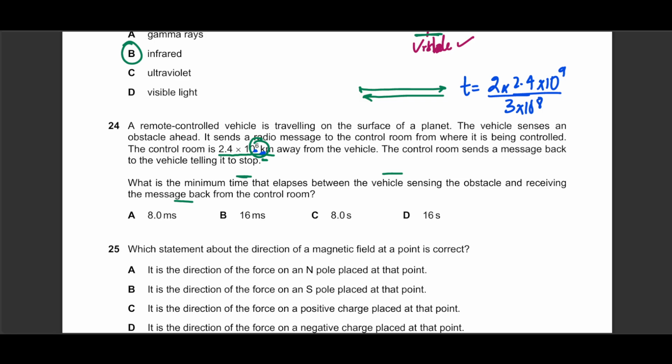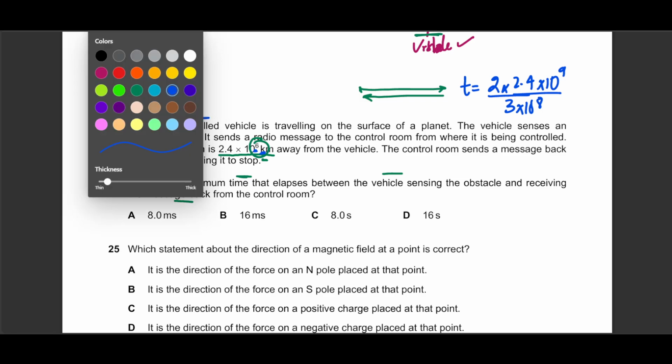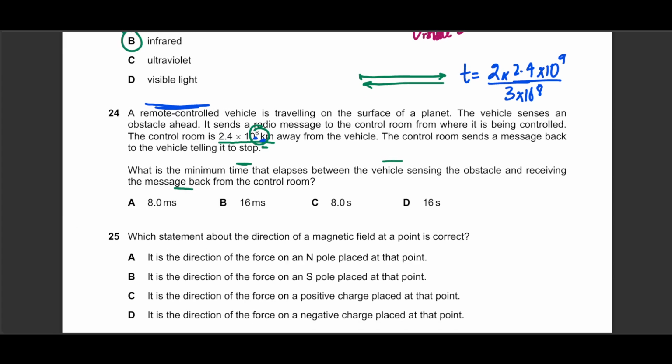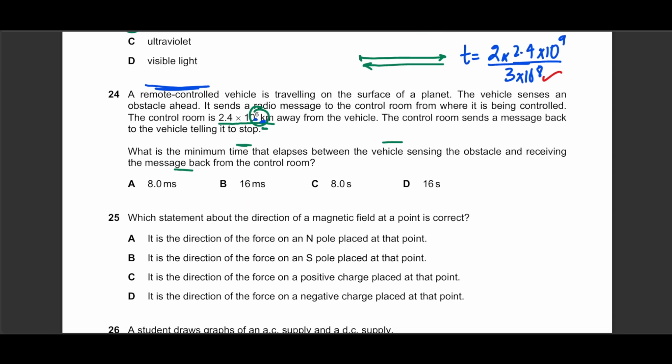He hasn't mentioned that this is going to be the speed of light, but I think it is quite understood that if you're using a remote controller, it is most likely microwave or infrared radiation. So we can assume that they're moving at the speed of light. So the time comes out as 16 seconds in this case.